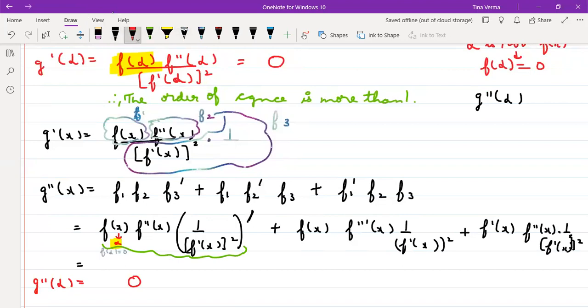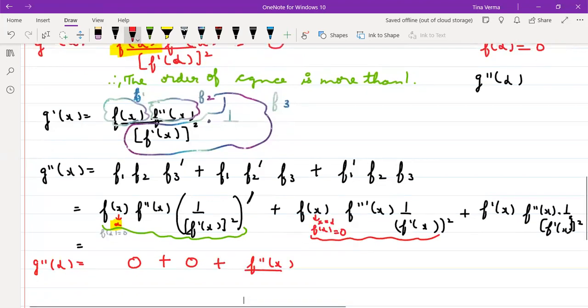Similarly, with the second quantity, if I take x equal to alpha, it will become f of alpha, which is 0. That means this quantity is also 0. Plus this quantity, f dash x, you can cancel out. So here you will have f double dash x divided by f dash x.